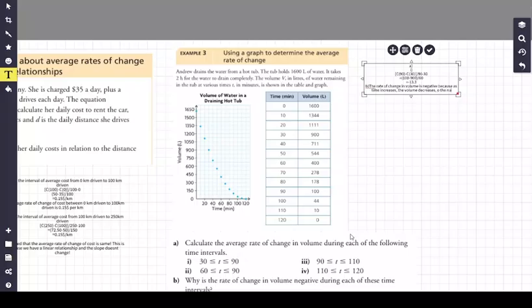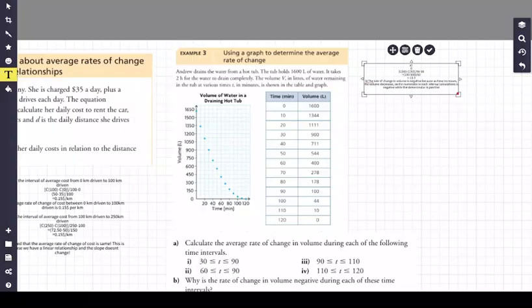So the numerator in each interval calculation is negative, while the denominator is positive.